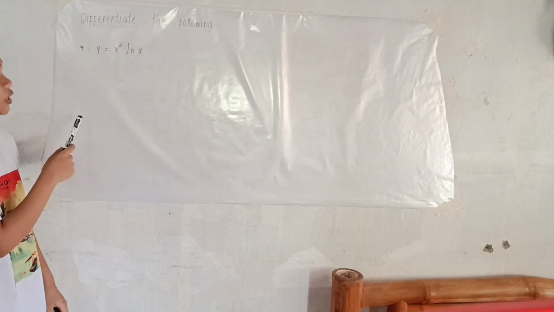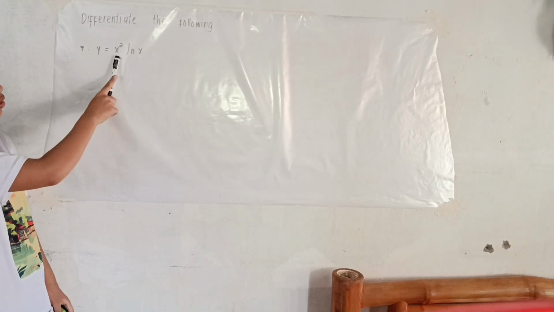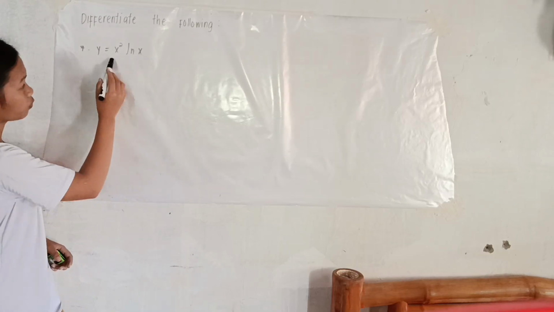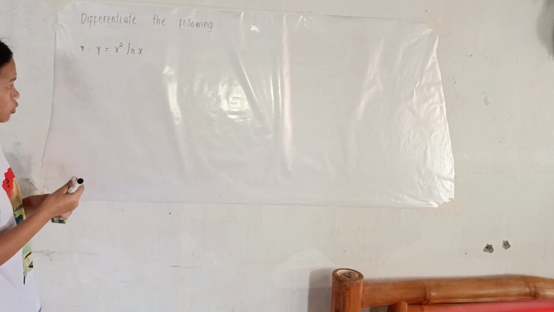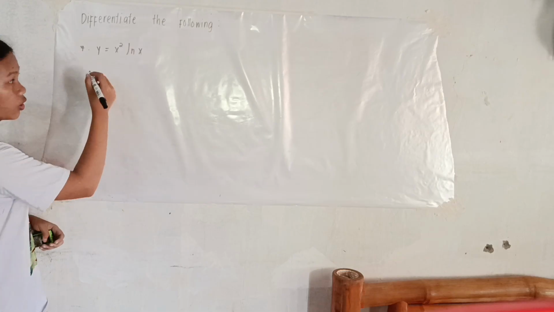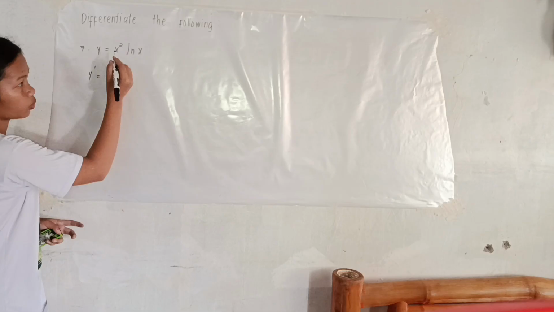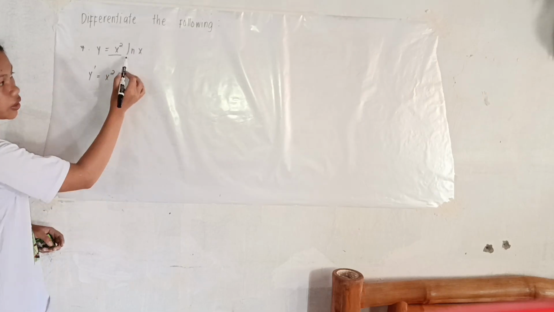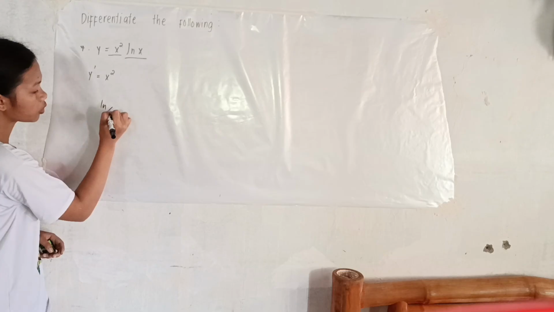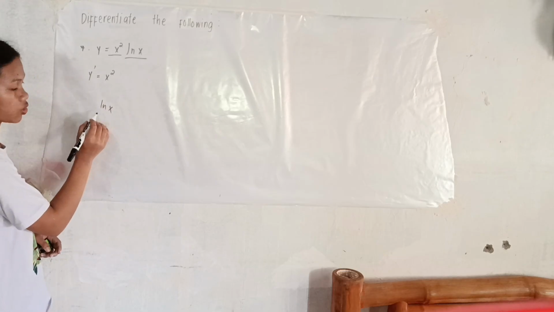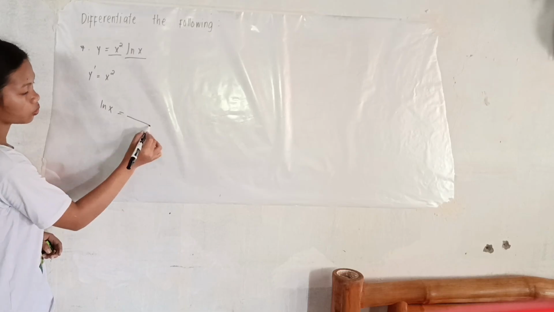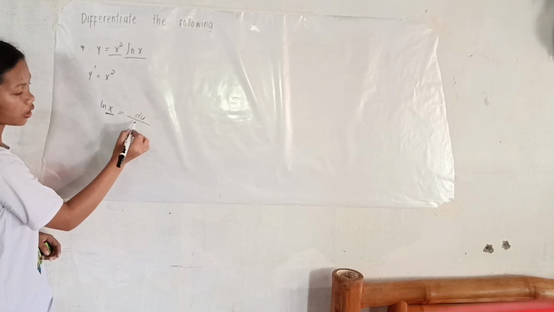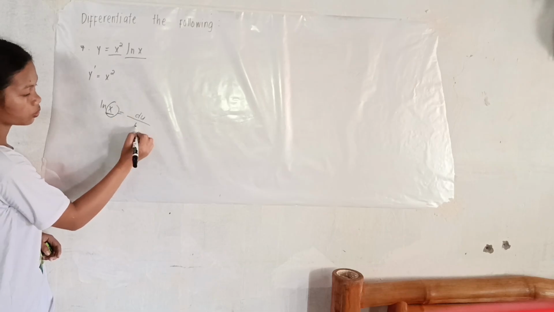So, in number 7, we have the function y is equal to x squared ln x. Here we can apply the product rule because it involves two functions. Getting the first derivative, we copy the first term times the derivative of the second term. For the derivative of the second term, we apply the derivative of the natural logarithm: the numerator is the derivative of u, all over copy the u.